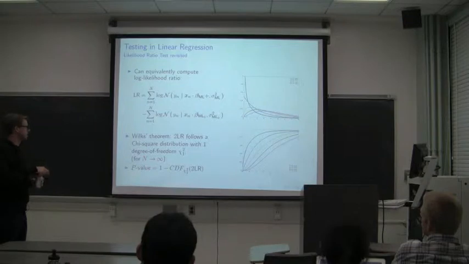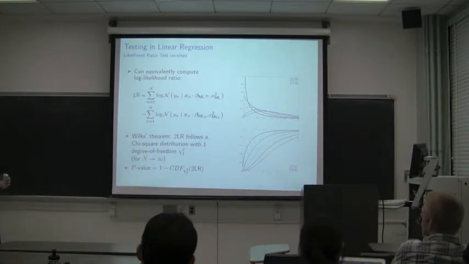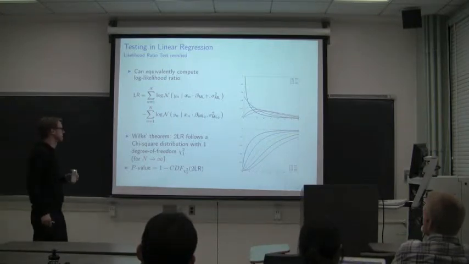And so we get the p-value by 1 minus the CDF of chi-squared. This time it's only a one-sided test because this is always positive. So if it's larger than a certain threshold, then we call it significant.